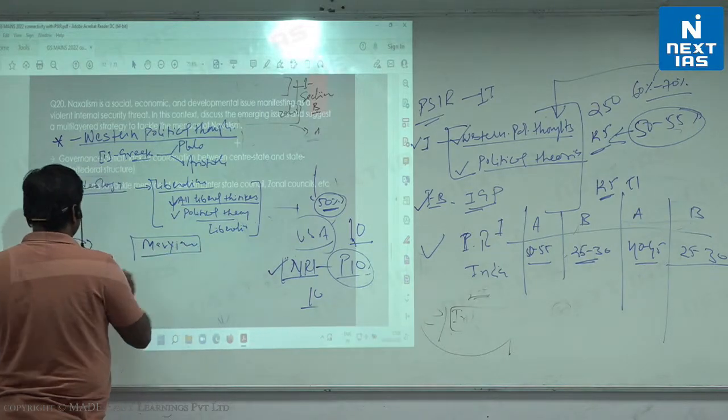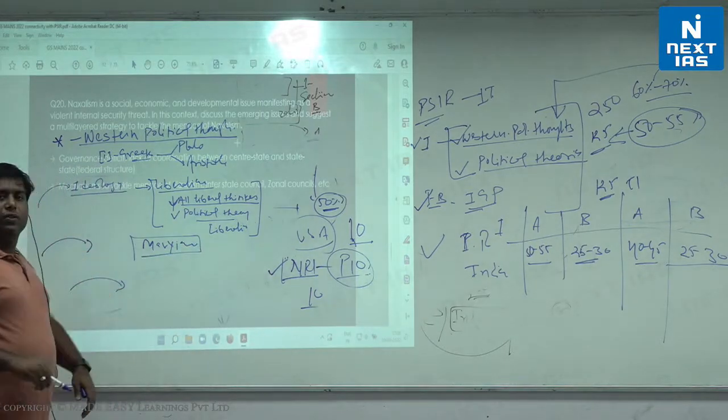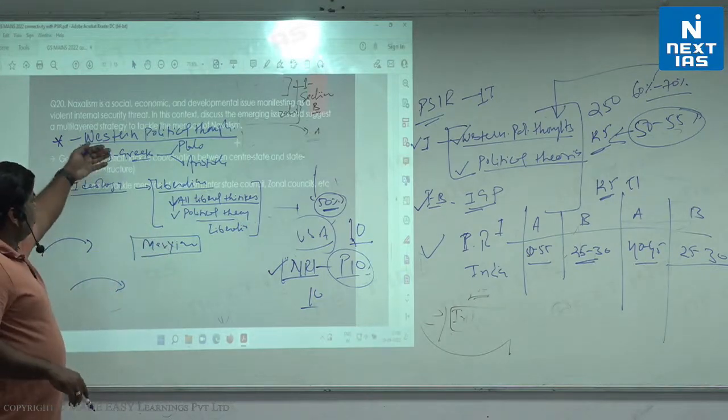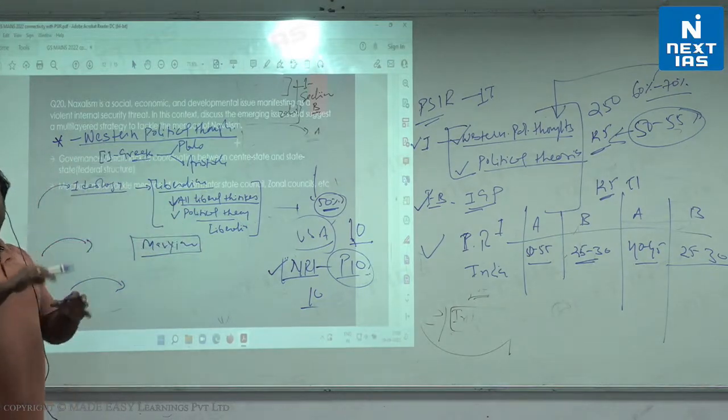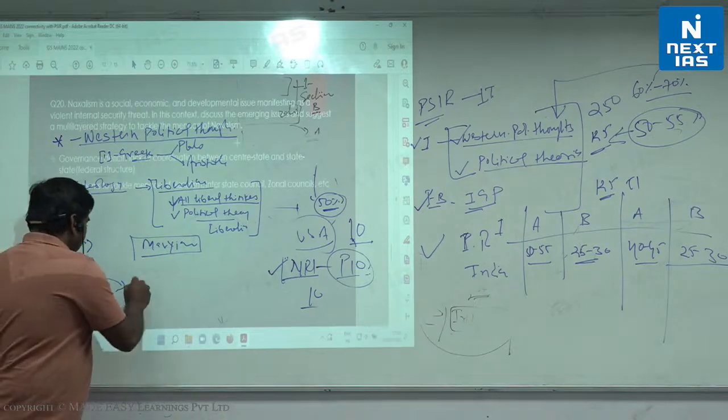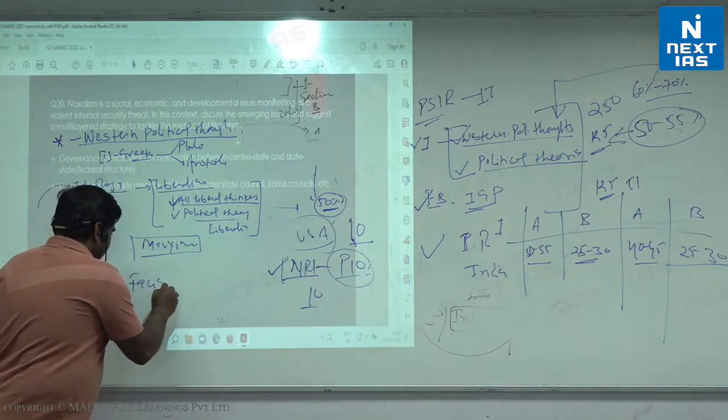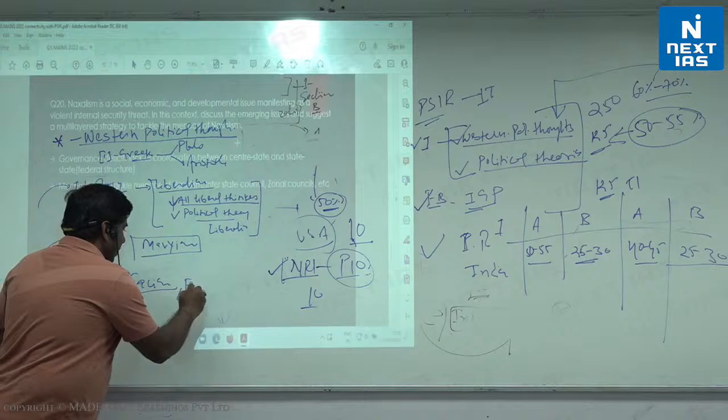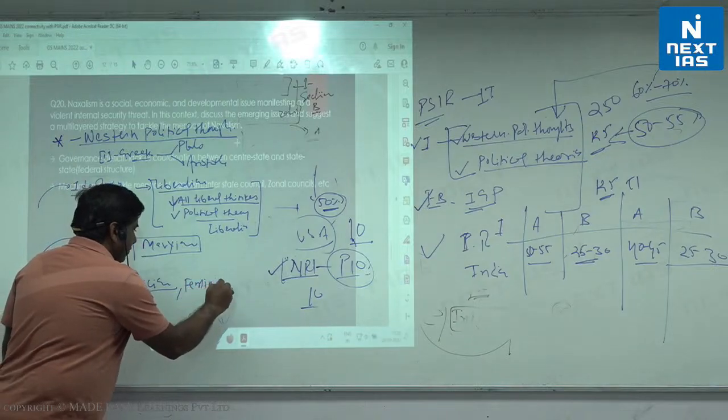Then a few left ideologies which you haven't studied, but you are aware of certain things, like you can study fascism, feminism.